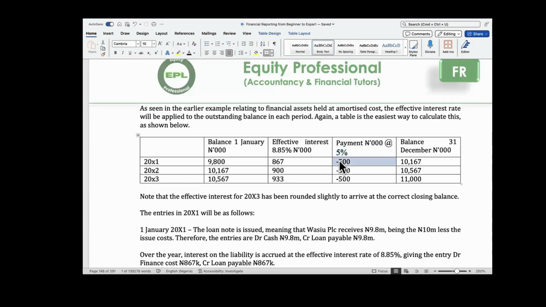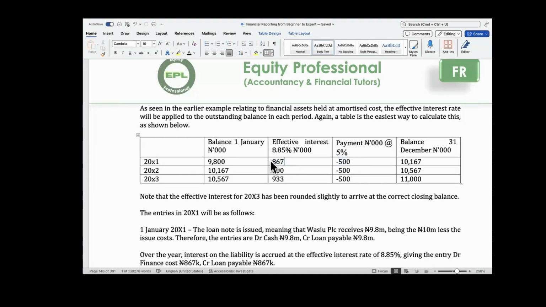So 500. Just like I've taught you before, 9.8 plus 867 minus 500, it gives you this. So it is this 867 that is our cost, not this 500. Anyway, this 500 is included in this 867.